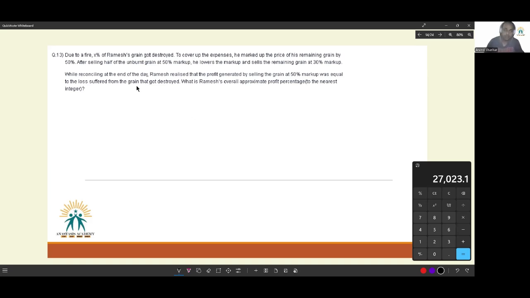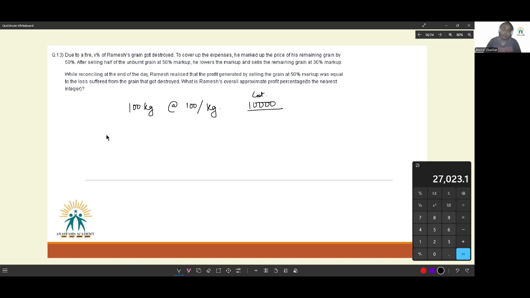Okay, let's see. Let's say Ramesh got 100 kg of grain at 100 per kg. His overall cost is 10,000. Now, some part of it got destroyed.